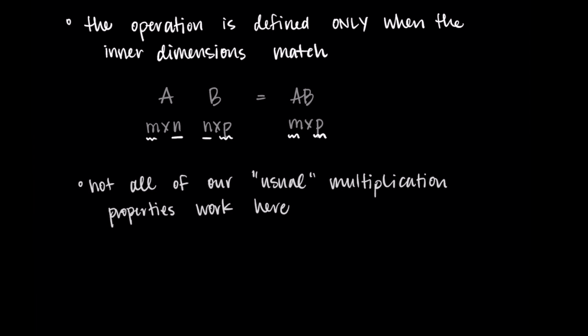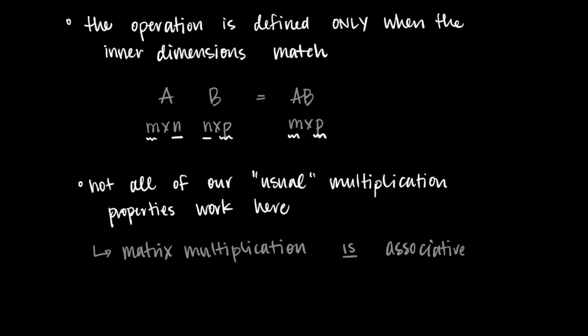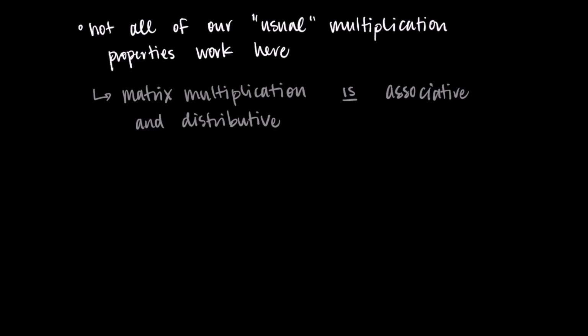Then lastly, this multiplication doesn't necessarily work like other types of multiplication. Not all of our usual multiplication properties will work here. Some of them do work. Matrix multiplication is associative and distributive. For associative, if we do AB, then times C, this is the same as doing A times BC.